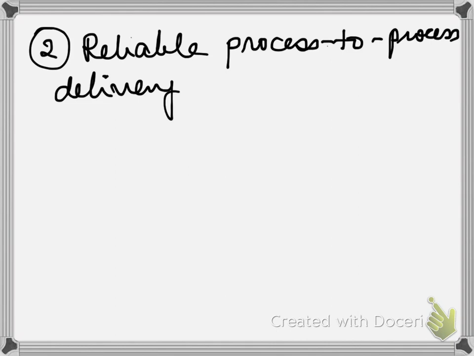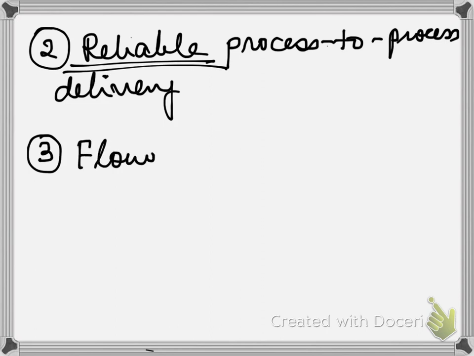So reliable communication is the second service which is provided by the transport layer. The third service which is provided is flow control and congestion control.